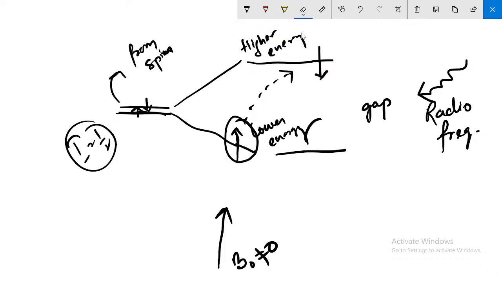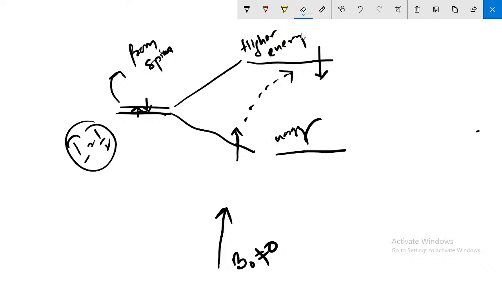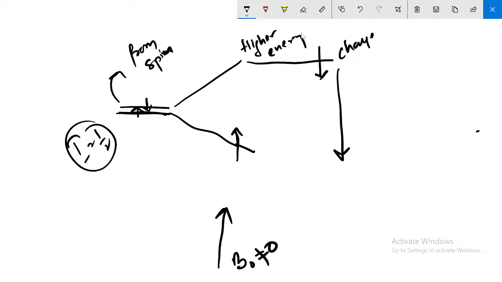But after absorption, it has to come back to its ground state, right? So when the nuclei come back to the ground state, because it is charged, whenever it comes down to the ground state, it will release electromagnetic radiation.